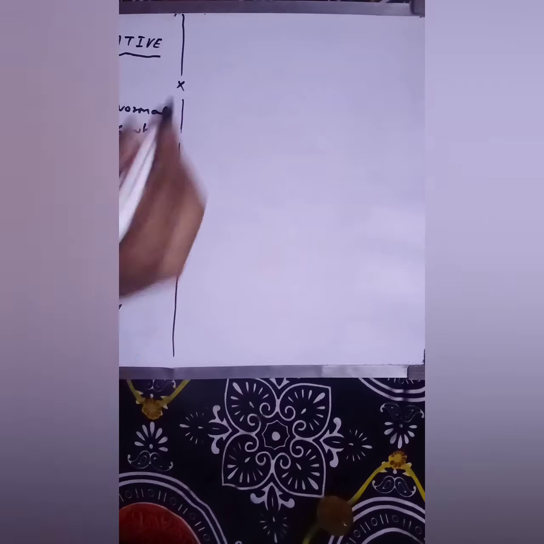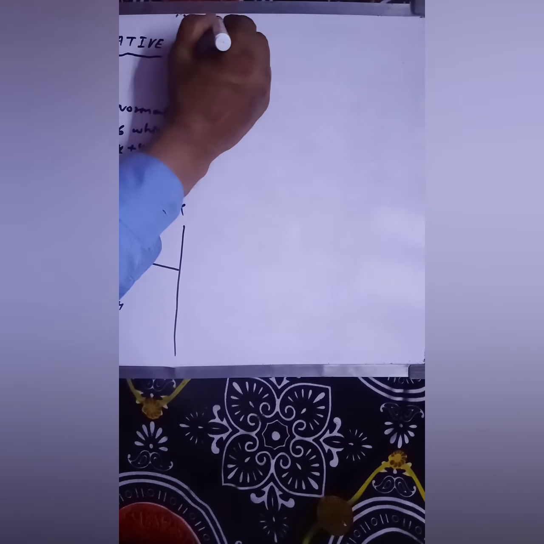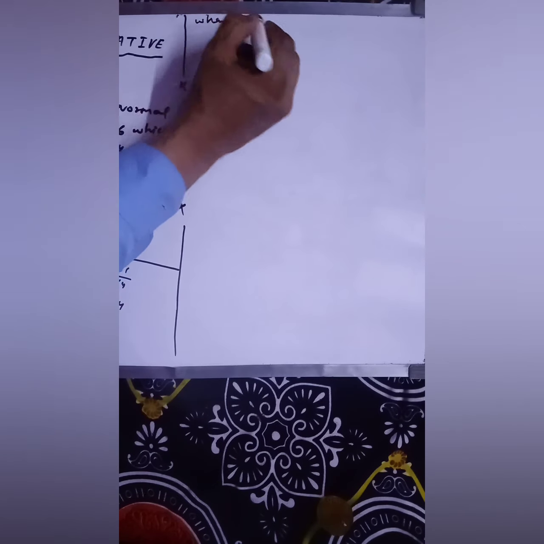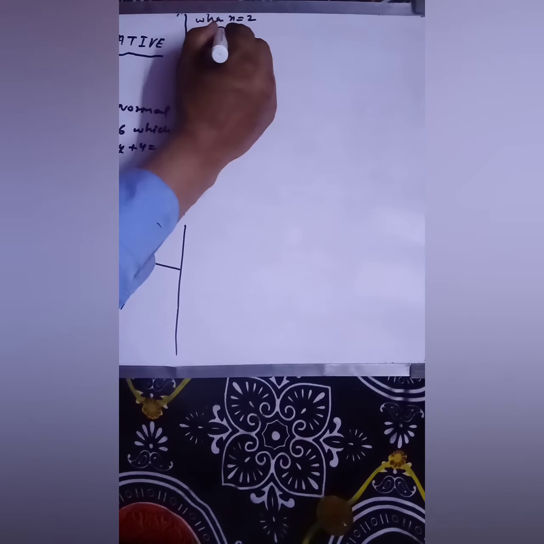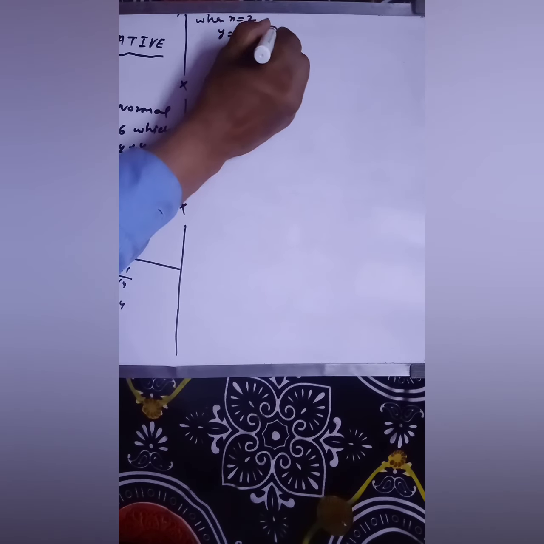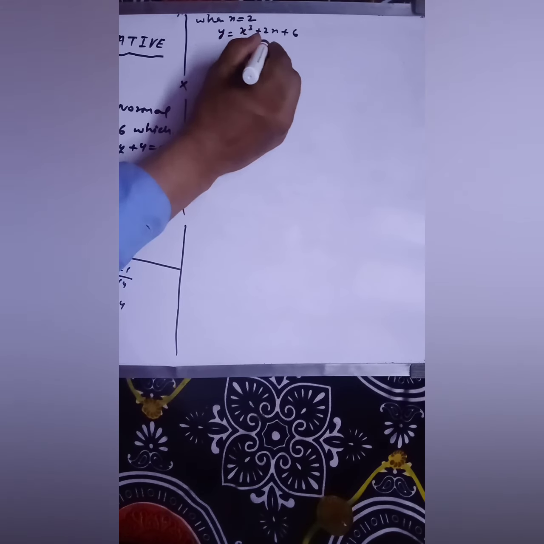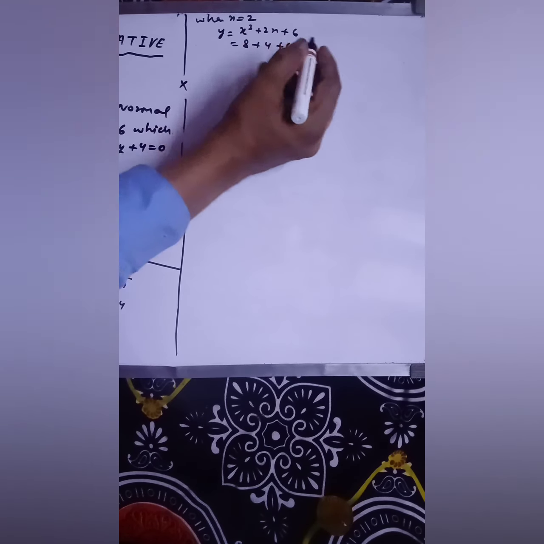When your x is 2, you have to put this value in the given equation, y equals x cube plus 2x plus 6. Put 2 here, this would be 8, this would be 4, this would be 6, so it would be 18.